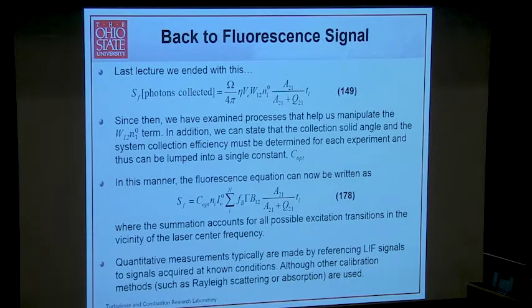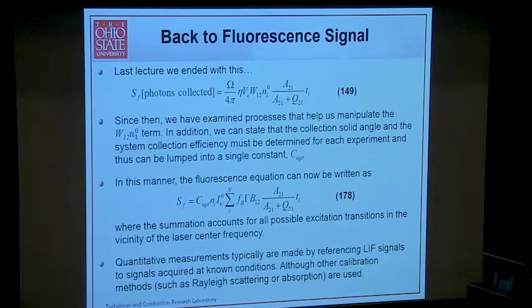Now, to get quantitative measurements, let's say your target is number density, or, knowing P and T, you want to get mole fraction or concentration, whatever you want from the measurement, you need to, one, get rid of this term right here. Quantitative measurements are typically made by referencing signals to other signals at known conditions.